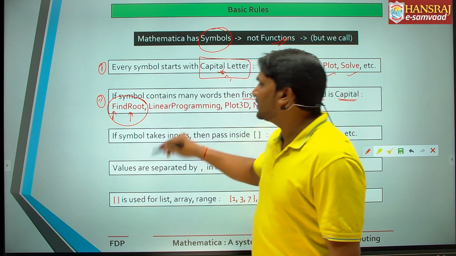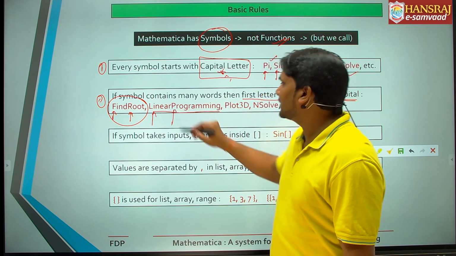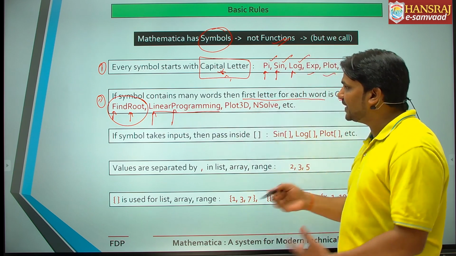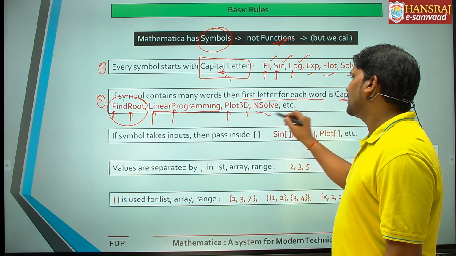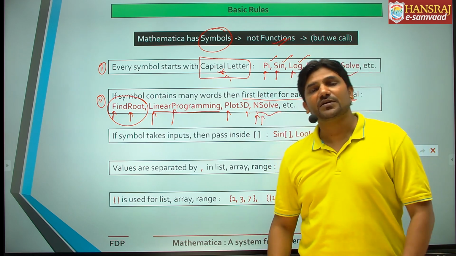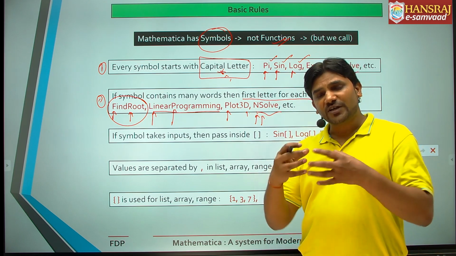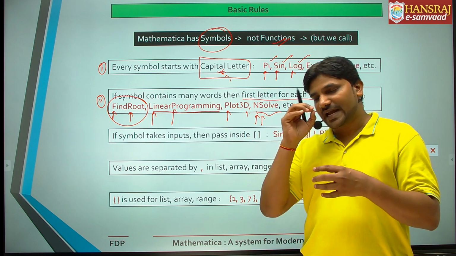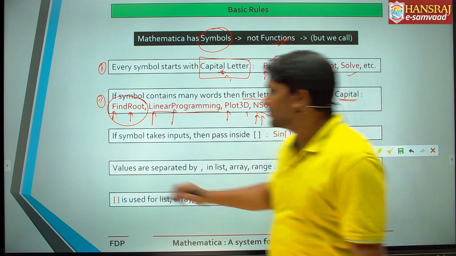In the same manner, LinearProgramming, so L is capital and P is capital. If you want to write Plot3D, then P is capital, D is capital, and so on. NSolve, so N is capital, S is capital. Whenever you use a bunch of words in your function, each and every word should start with a capital letter. That is the second rule.